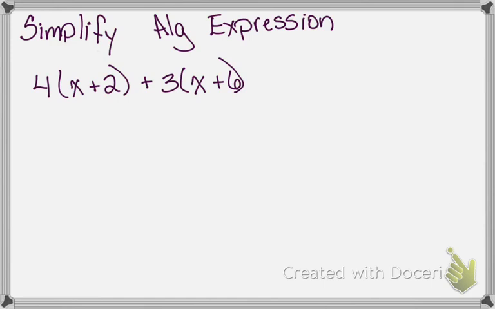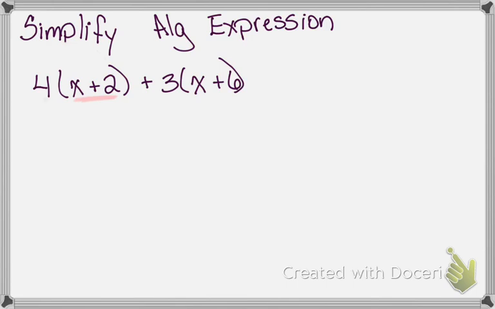Here we do have to use the distributive property, because we can't simplify x plus 2, since we don't know what x is. If we were told what x was, we could, but we aren't told. So we are simplifying this algebraic expression.